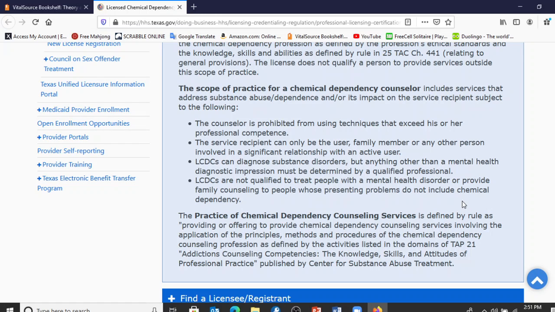So the practice of chemical dependency counseling services is defined by rule as providing or offering to provide chemical dependency counseling services involving the application of the principles, methods, procedures of the chemical dependency counseling profession as defined by the activities listed in the domains of TAP 21, addiction counseling competencies, the knowledge, skills, and attitudes of professional practice published by the Center for Substance Abuse Treatment.